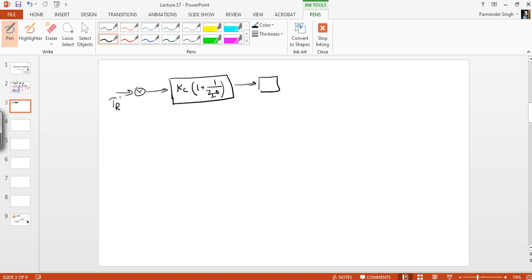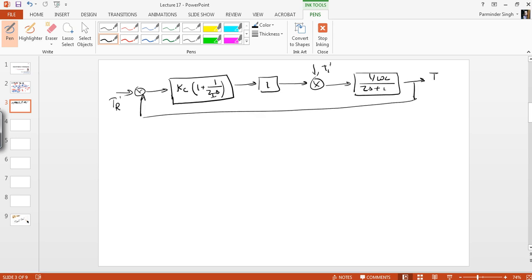The final controlling element was ignored. Obviously there is a block over here, but for the servo case let's ignore that part. Then W C over tau s plus 1, that is T, and the dynamics of the measuring element was also ignored.